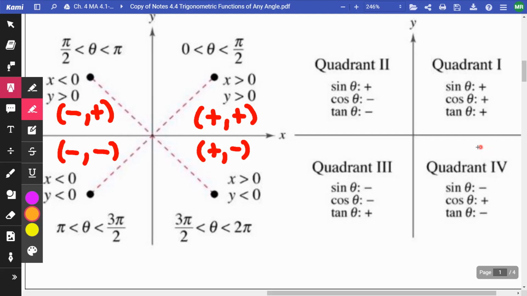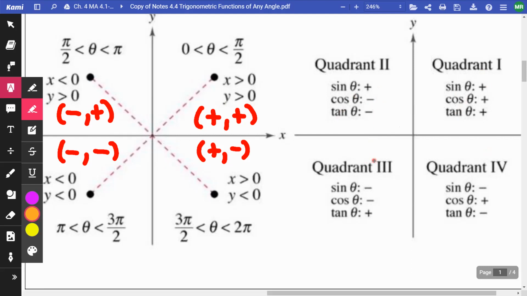Same going for the x, which is my cosine. So in quadrant 1, sine, cosine, tangent, all of them are positive. Over here in this quadrant, my x is negative, which means my cosine is negative. My sine is positive because my y is positive. And then my tangent, which is sine over cosine or y over x, is going to be a positive over negative, which is a negative.